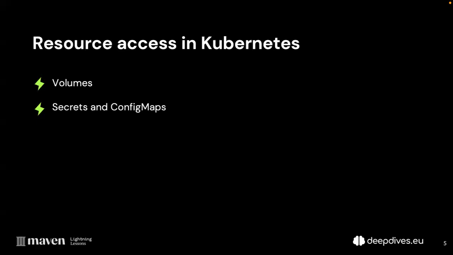Secrets could be things like usernames and passwords for database connections or API keys or that kind of stuff that we want to use extra care with. And in Kubernetes, it's nowadays best practice to mount these secrets as file systems as well, instead of using environment variables.